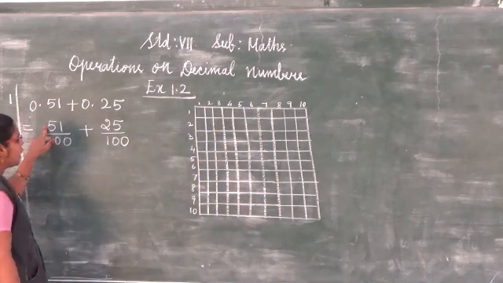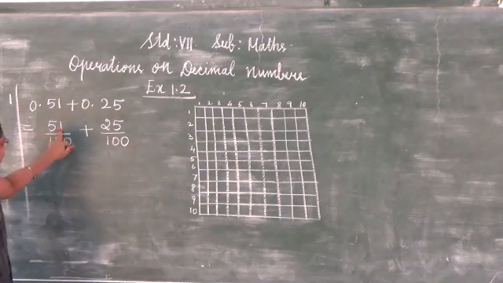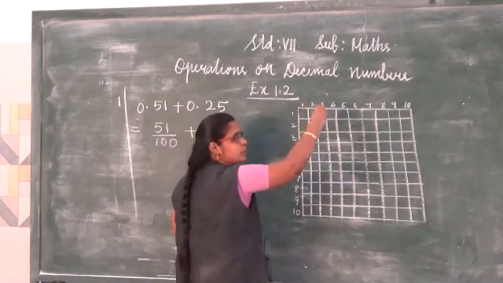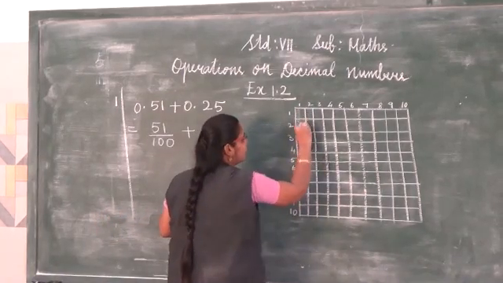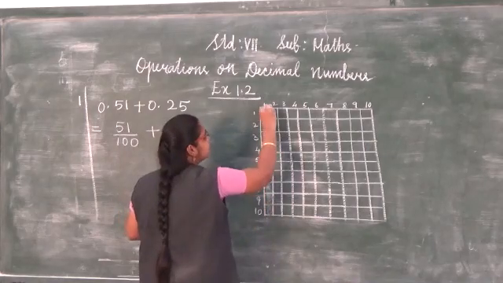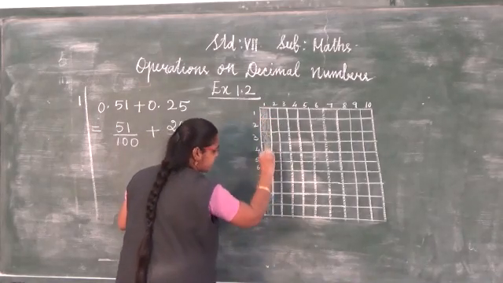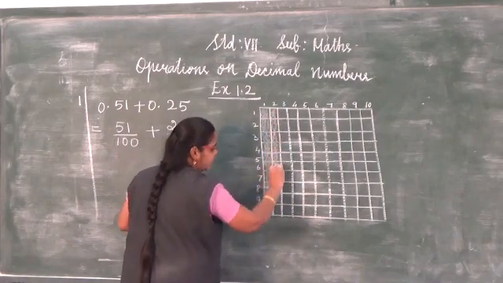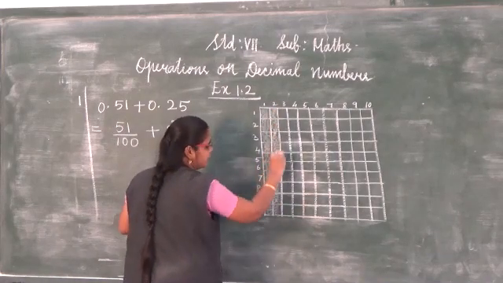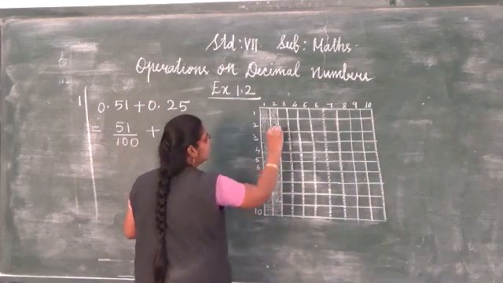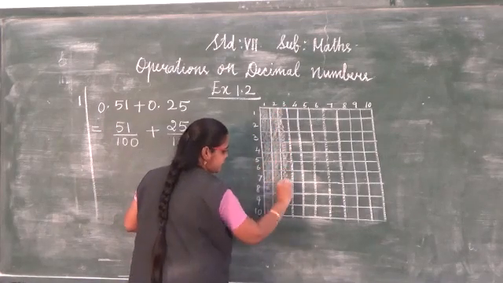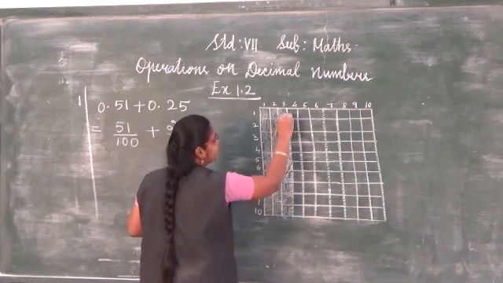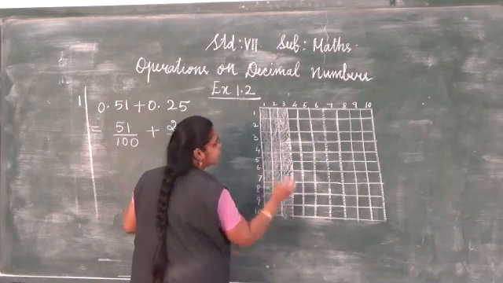So now we are going to add. So 51 they have given. So for 51, here we are going to shade 51. I am shading the first 10, then 20. If I shade fully, it will be 20. Then this is 30.